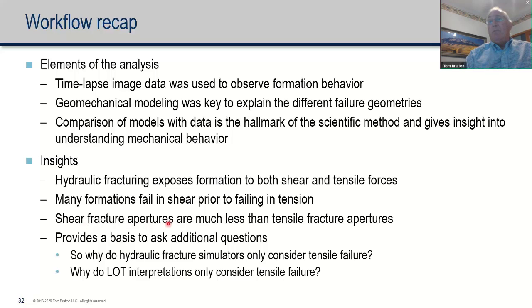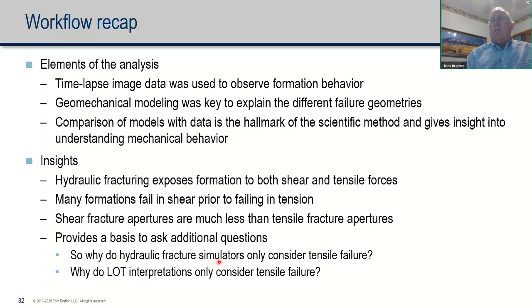We also see the apertures in shear fractures are much less than what we see in tensile fractures. This is one reason why I think we have screen outs, and why in unconventionals we go to smaller proppant sizes like 100 mesh.